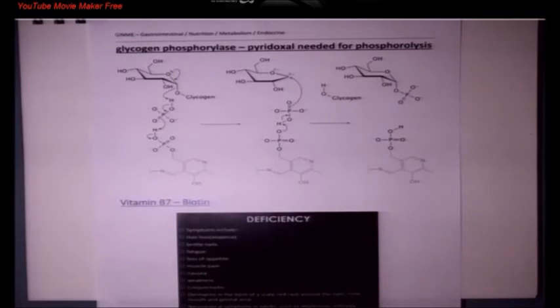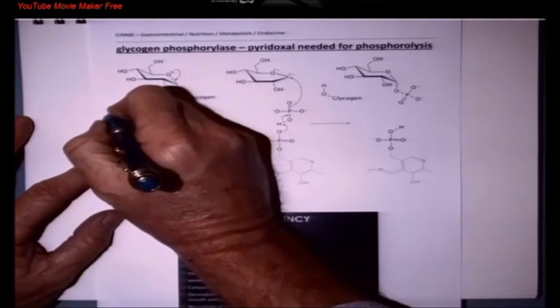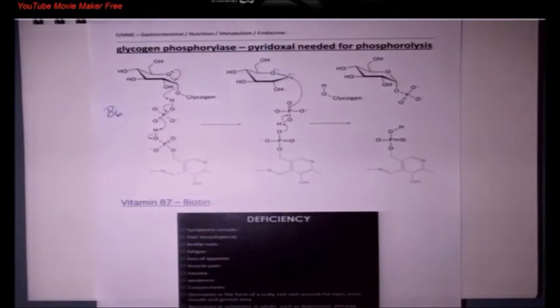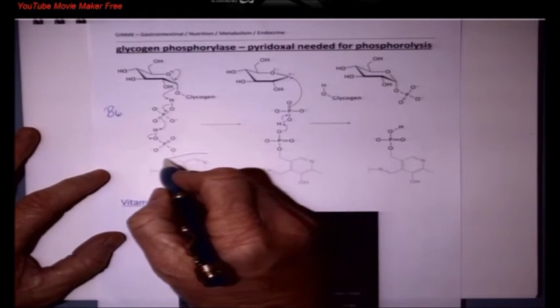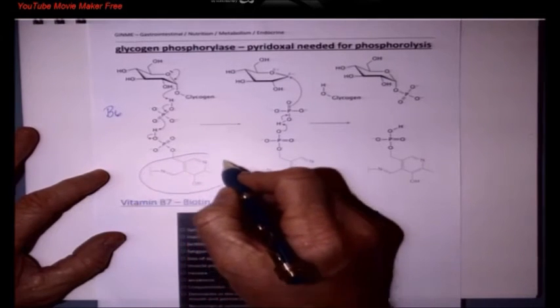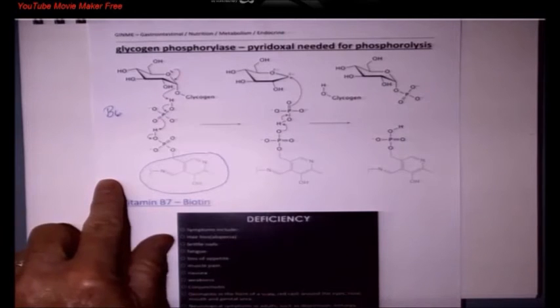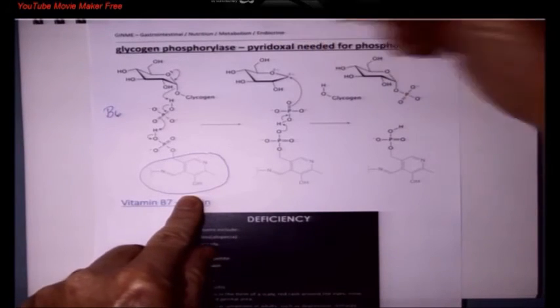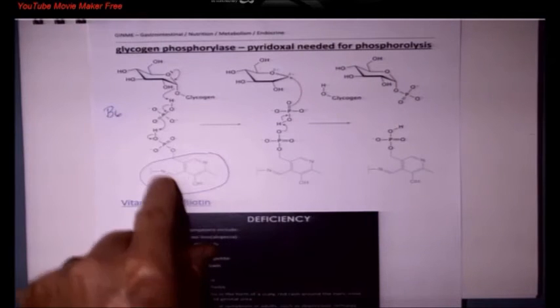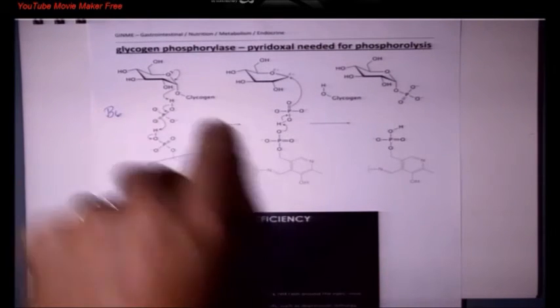So here's one more. Glycogen phosphorylase. This is also B6 dependent. So here's our pyridoxine. This would be the cofactor in the glycogen phosphorylase enzyme. And it's going to mediate this reaction.